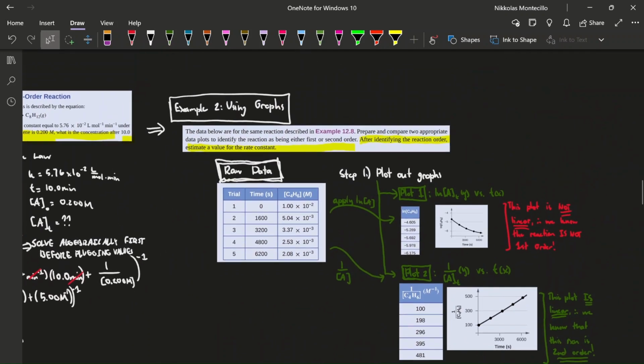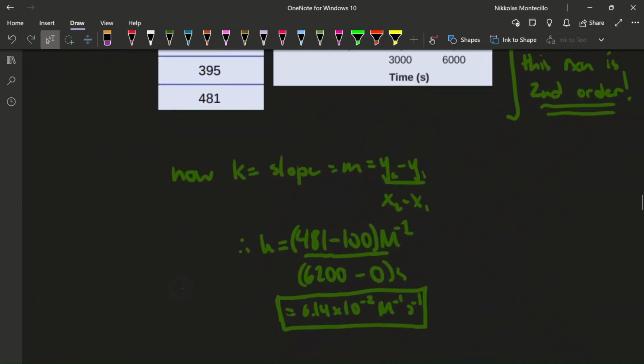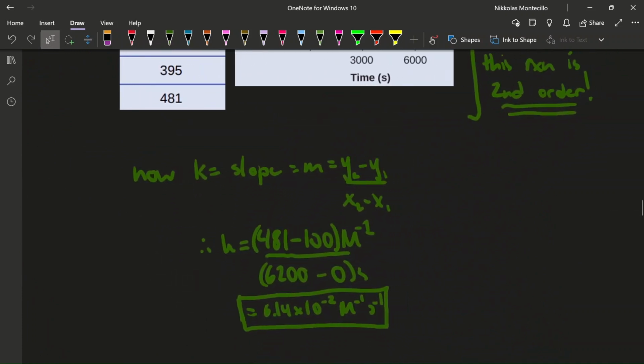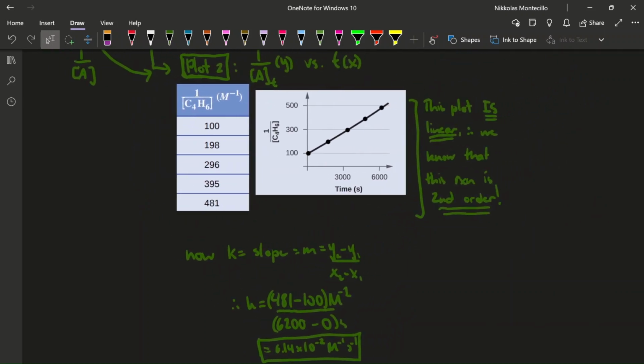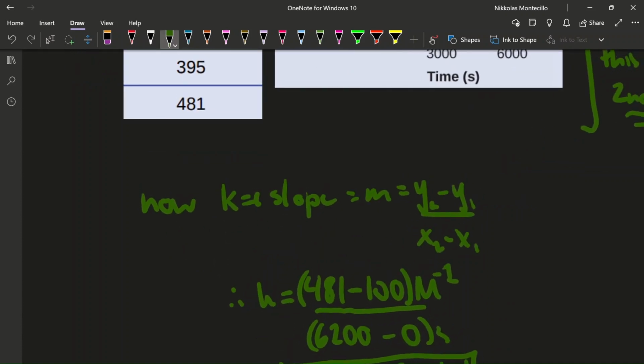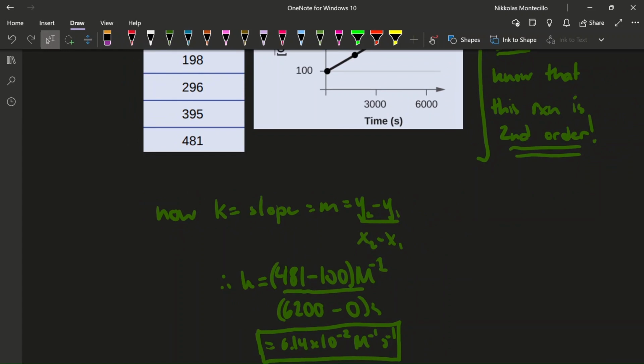However, this is not all the question asks us. We want to estimate a value for the rate constant. Remember that k is equal to the slope, which is equal to m. In this case, it's not negative this time. You don't have a negative applied here. k is just equal to the slope, which equals m, which is equal to y2 minus y1 over x2 minus x1.